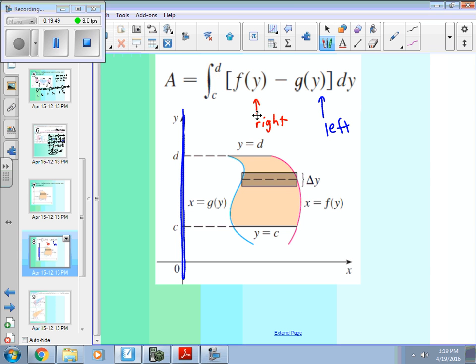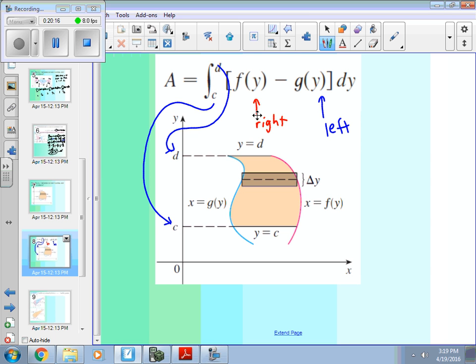So we have to switch our thinking now. We're not using the x-axis as our point of reference anymore. It's the y-axis. So our upper and lower limits are not coming from the x-axis anymore. They're coming from the y-axis.